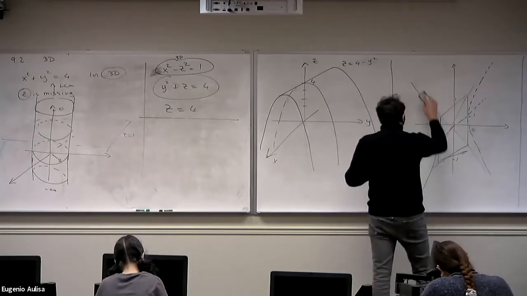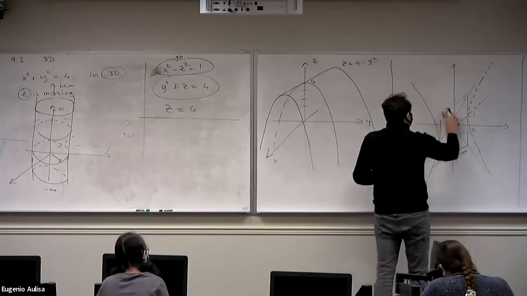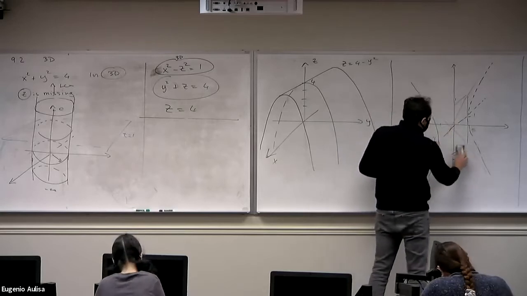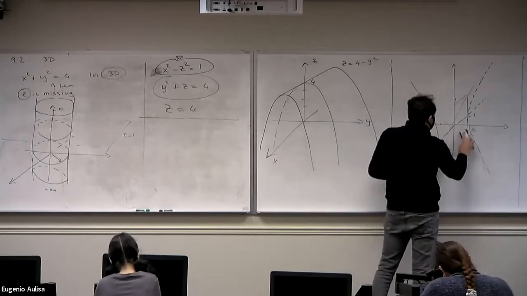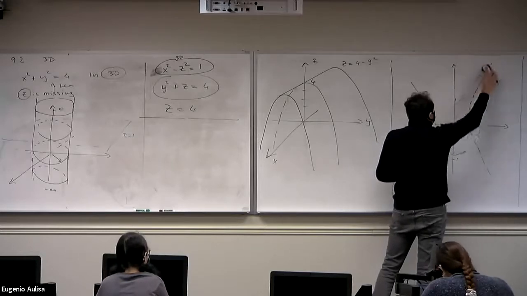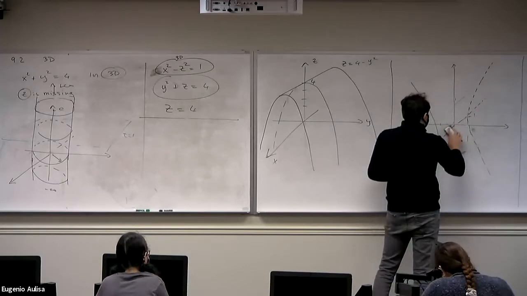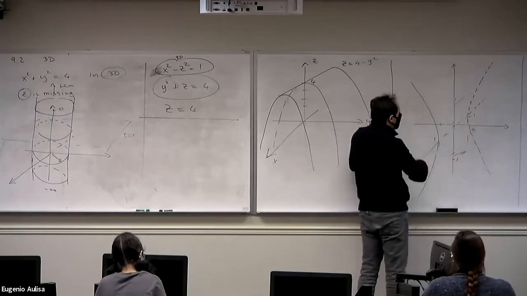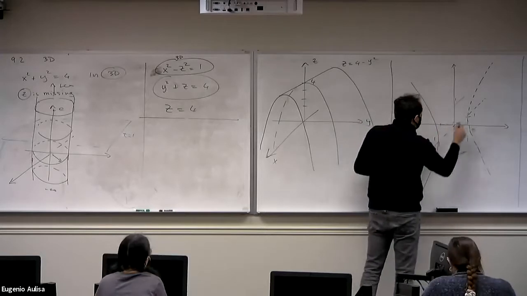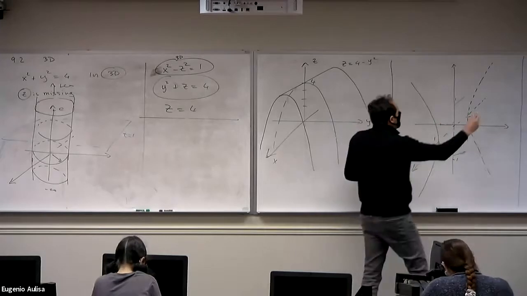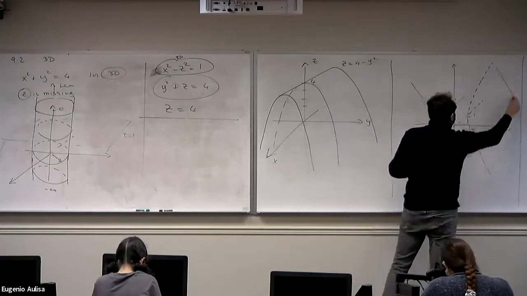There is too much junk in the middle, so let me remove it. That is only needed to sketch our trace, but once we have the trace, it's better to remove it. So think of this hyperbola as on the xz plane, and then we are shifting it.